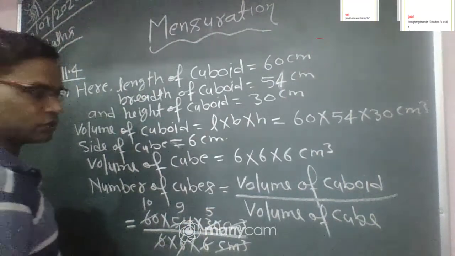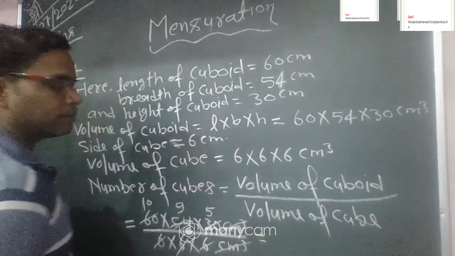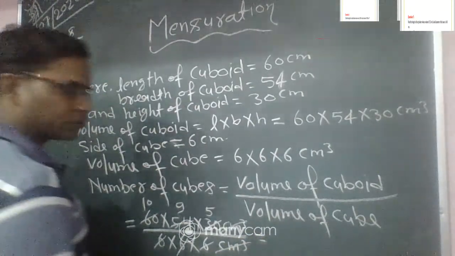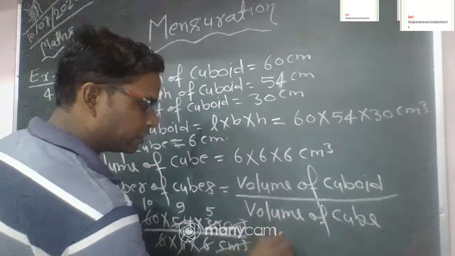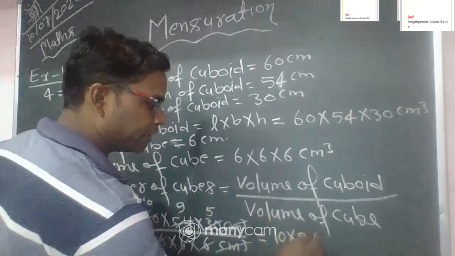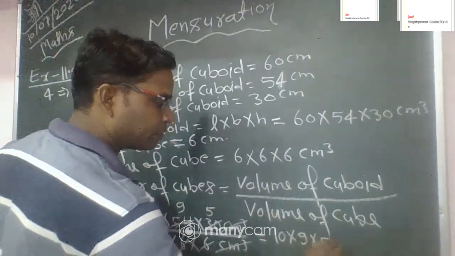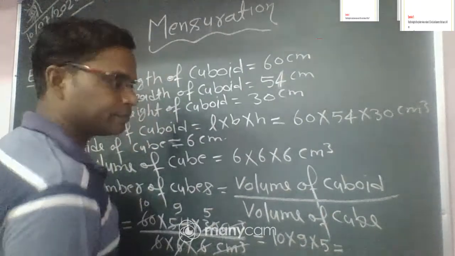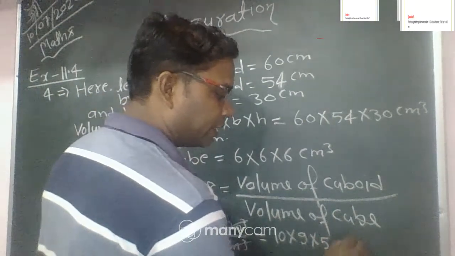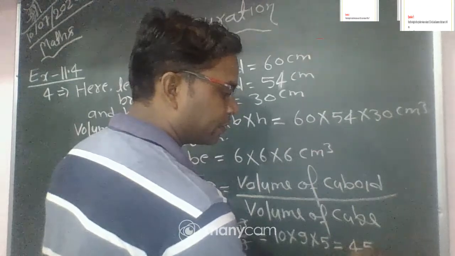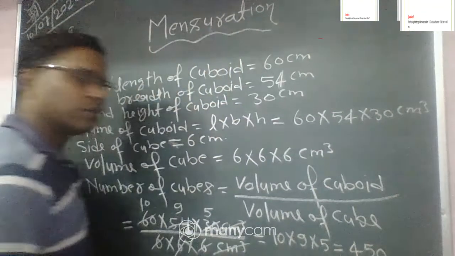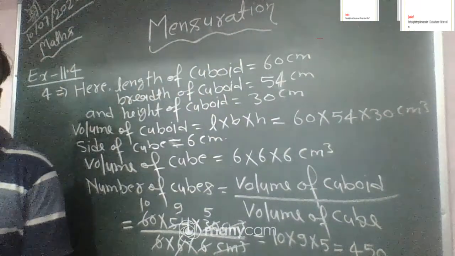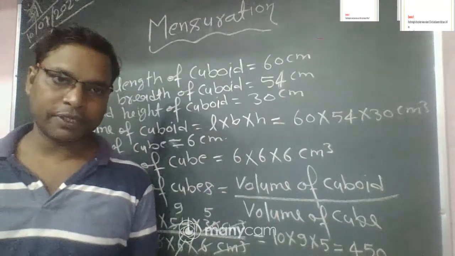Okay. So you find here the number of cubes is equal to 10 into 9 into 5. This is equal to 450. Okay. So required number of cubes is 450. Clear?